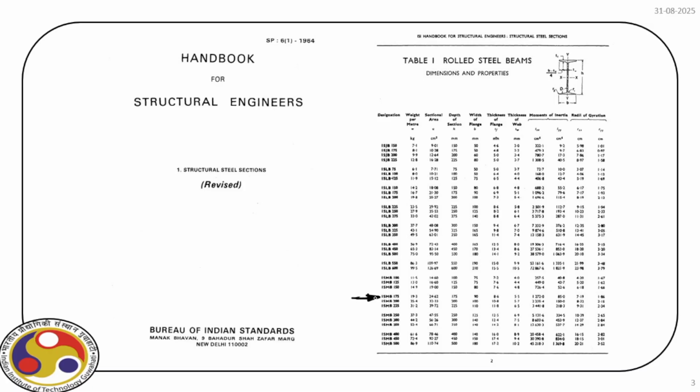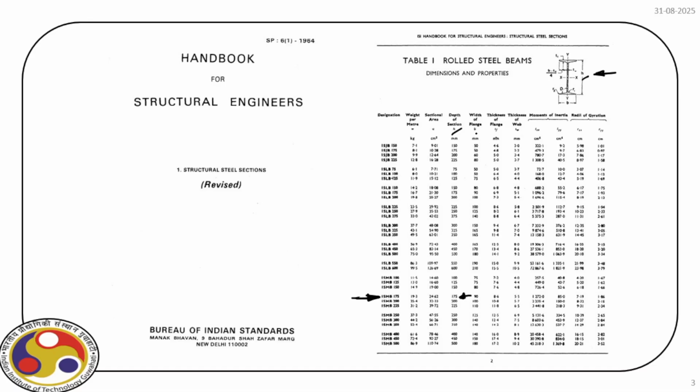And if you look at the section type, it is an I section, right? I section diagram is given along with the dimensions. So the depth of the section is H. You can read this H here. So ISMB 175 means 175 millimeter is the depth of the section.